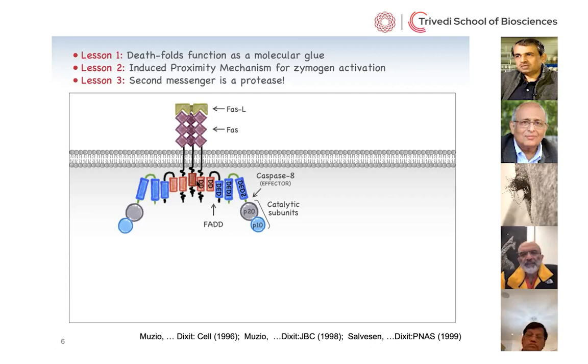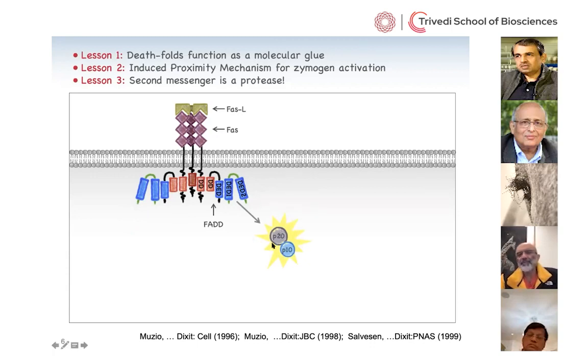So what we realized was that through a series of these death fold interactions that functioned as a molecular cement, we assembled a signaling complex, and a component of this signaling complex was a protease, a caspase, related to the original interleukin-1 converting enzyme, part of that family. And we showed soon thereafter that once it's recruited, it gets activated, and you release into the cell's interior the active protease, the active molecular scissors, the P20 and P10 subunits.